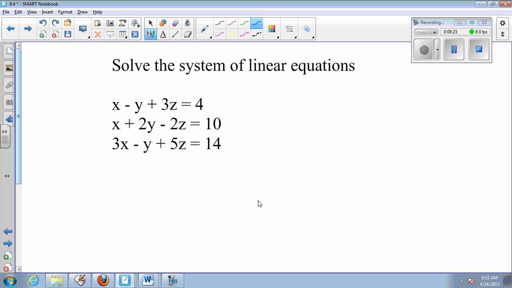So let's solve the system of linear equations. We first need to make our augmented matrix.